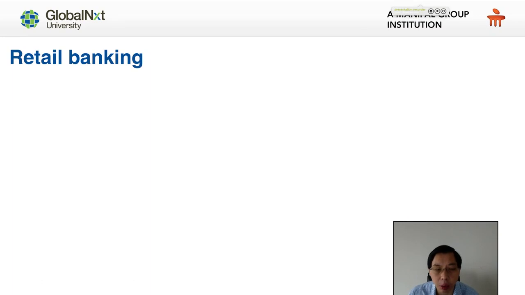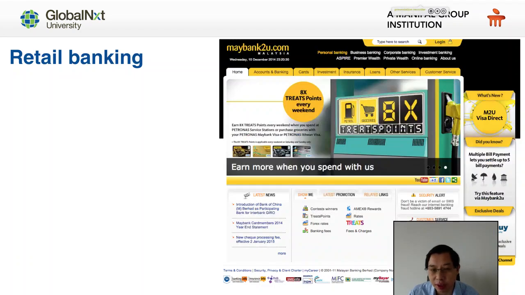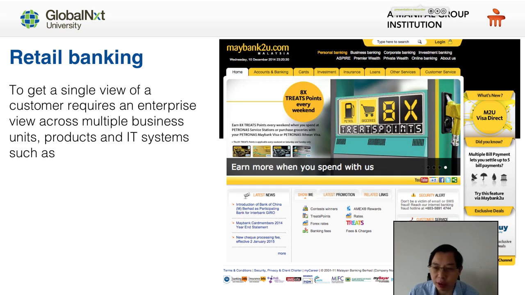There's actually a business need to draw information, to process information across all these multiple units. So an example would be retail banking, and I used to work on a number of banking projects in my consultancy days. This is the bank that I bank with in Malaysia. It's called Maybank. It's actually the largest bank in Malaysia. And it's not only a bank account that Maybank offers its customers. It has a range of different products and services, and all these are supported by individual IT systems and applications.